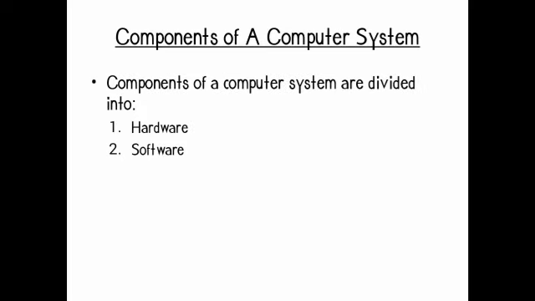Now, we've been talking about various parts of a computer. All these parts are what we refer to as the components of a computer system. These components are divided into two parts: the hardware and the software components.